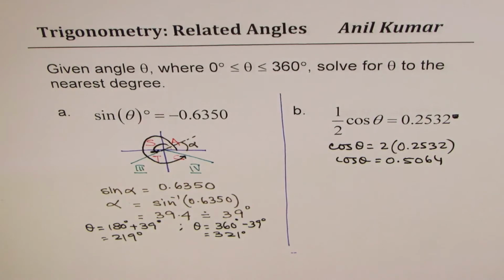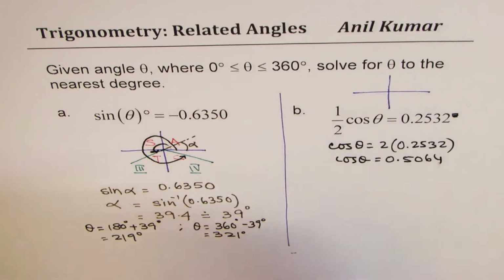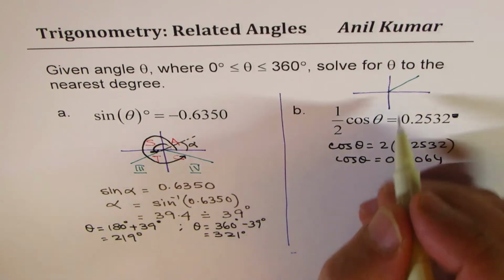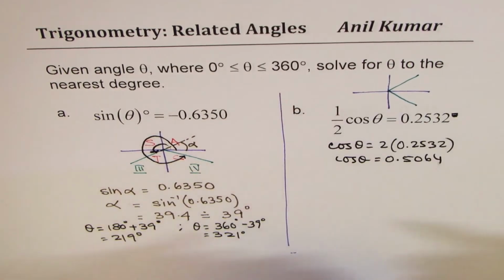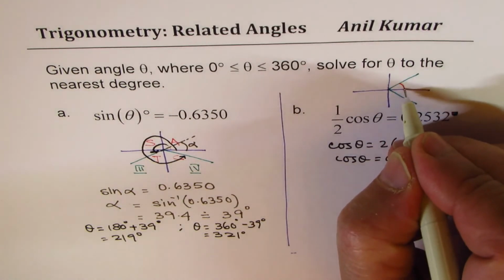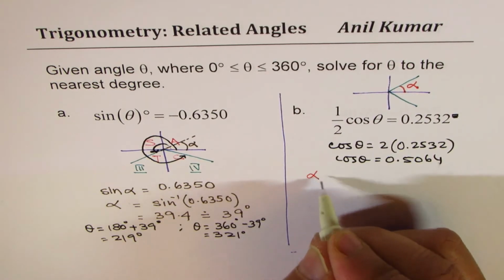Now, we'll apply the same strategy as we did in the first case. We're looking for a positive value of cosine. That really means that we have solutions in quadrant 1 or in quadrant 4. And we're looking for the acute angle alpha first. So what is alpha equal to?